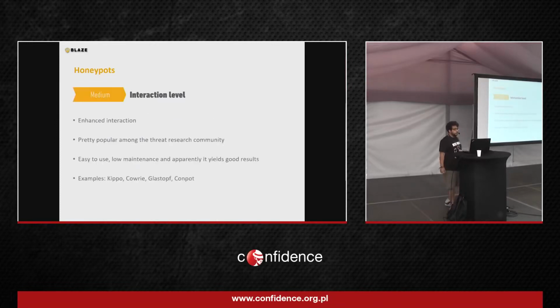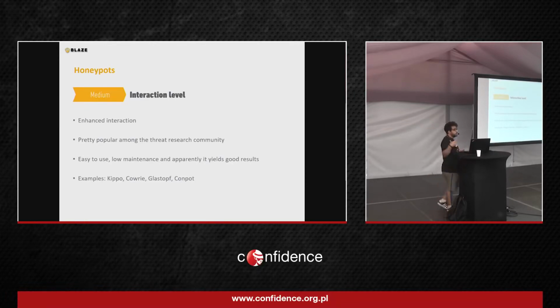There are the medium interaction honeypots. They have this enhanced interaction, and they're also pretty popular with the threat research community. There is a pretty low barrier of entry and also low maintenance. Examples are Kippo, Cowrie, and Conpot. Conpot is a SCADA one that emulates a nuclear plant kind of thing and so on.